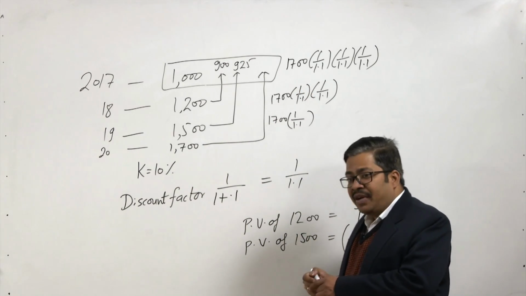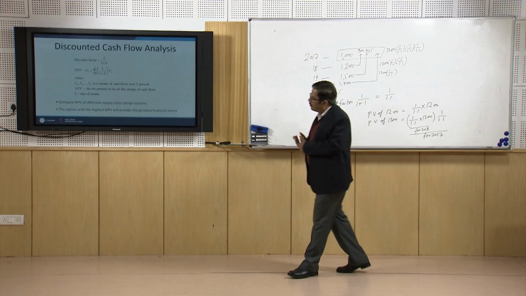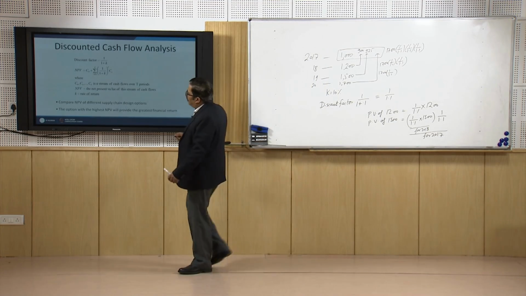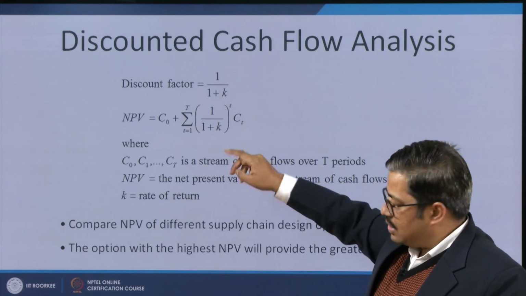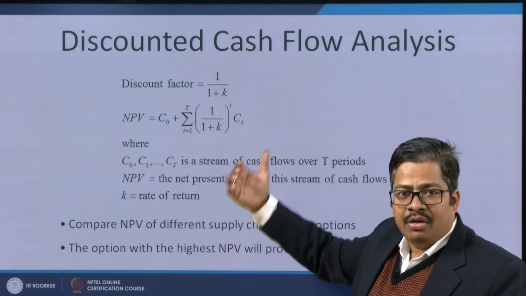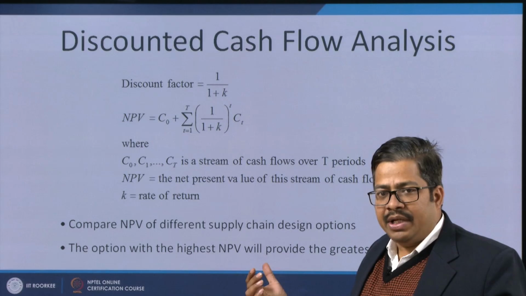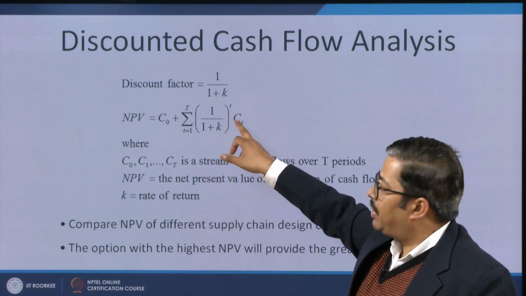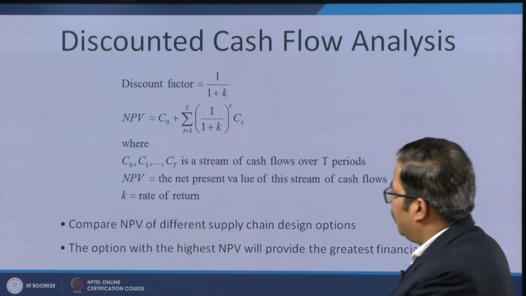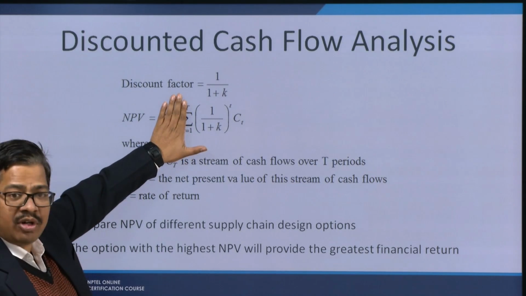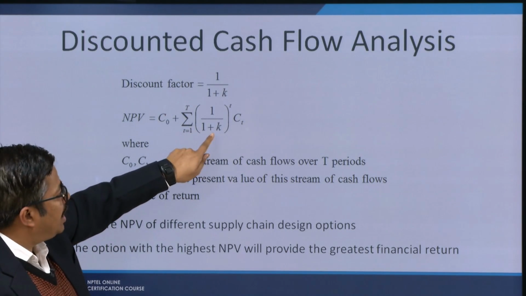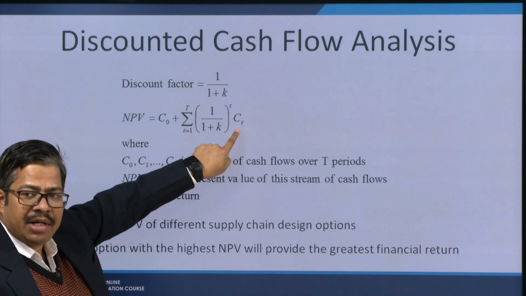So if I want to generalize the formula for calculation of this present value, CT is the future value of a particular time period T. I just need to see this much formula: 1 upon 1 plus k to the power T multiplied by CT.